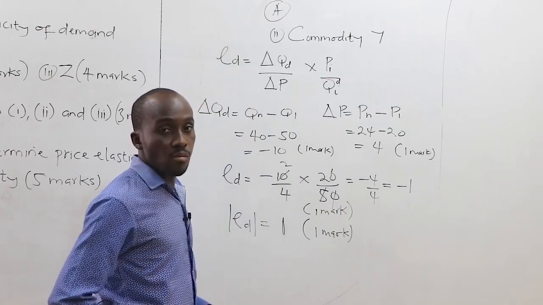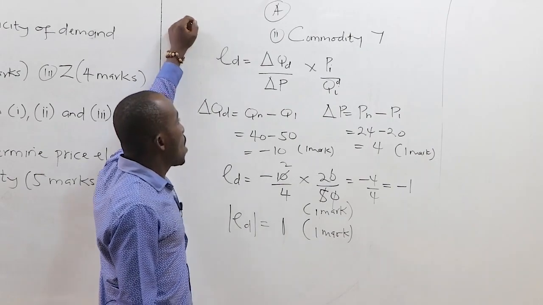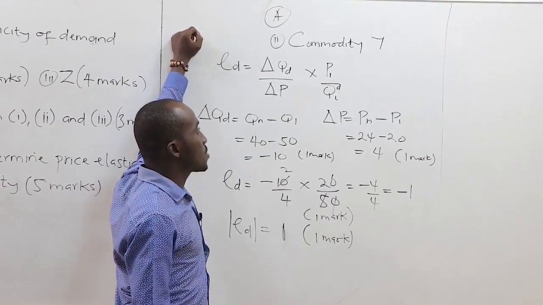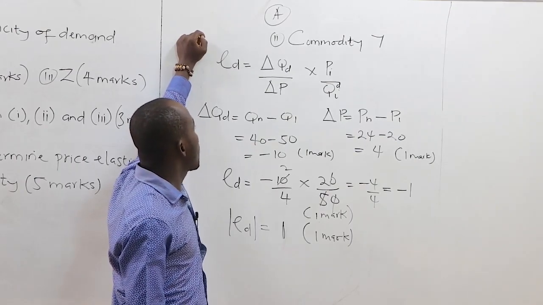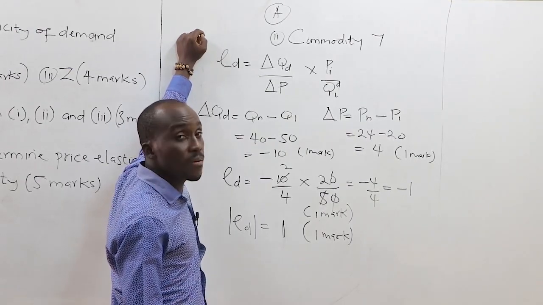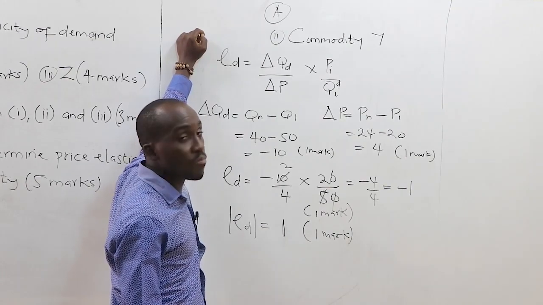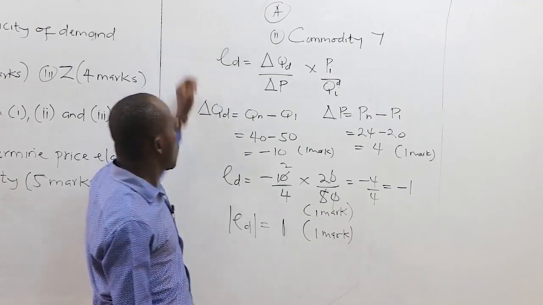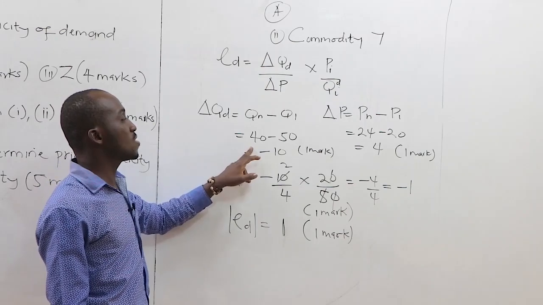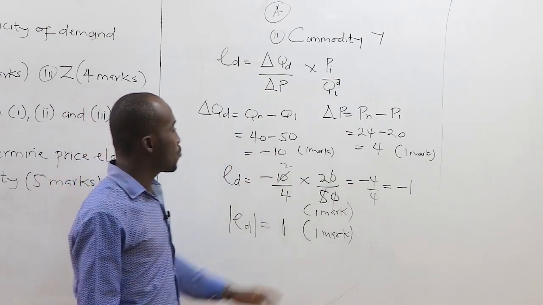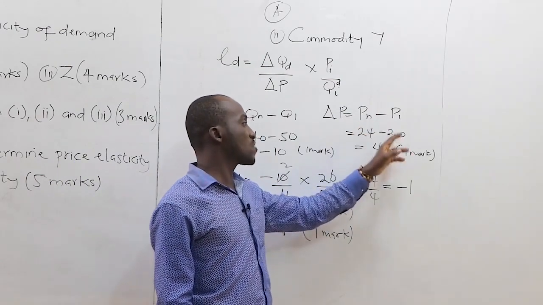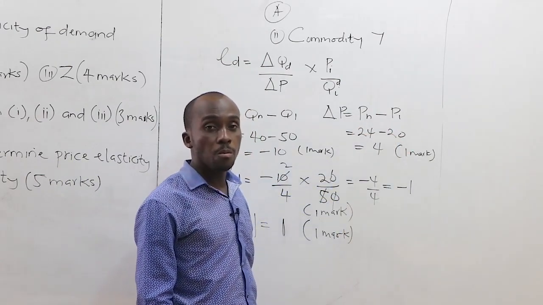Let me walk you through again. We are using the first approach. The elasticity of demand for commodity Y is equal to change in quantity demanded over change in price, times initial price over initial quantity demanded. What is the new demand? The new demand is 40, the old demand is 50, so it's negative 10. The new price is 24, the old price is 20, so you get 4.